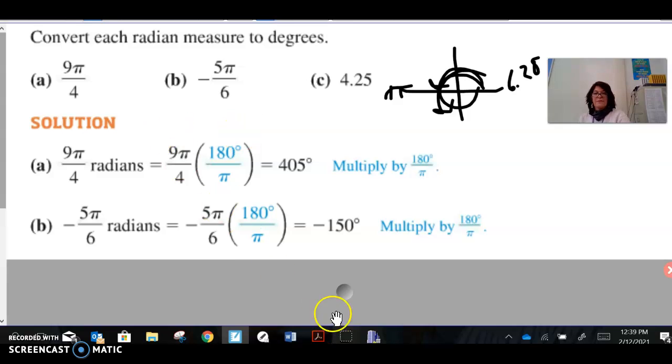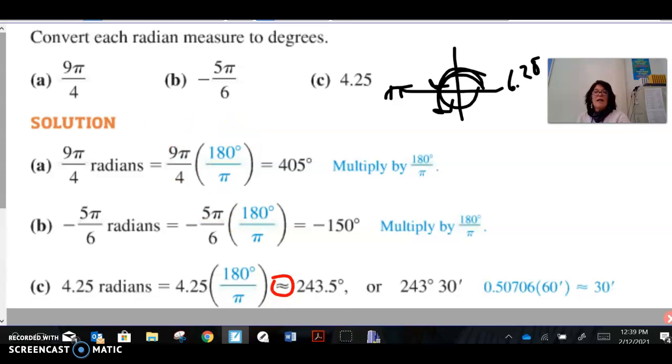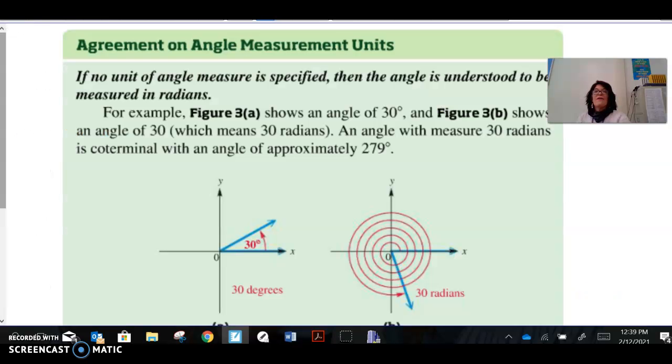Let's see where we are. About 243 degrees. Okay, I took it times 180 over pi. Notice the squiggly again. It's about 243.5 degrees. So that makes sense to me. We thought we're bigger than 3.14, but we're not to 6. Okay, 243.5 degrees.